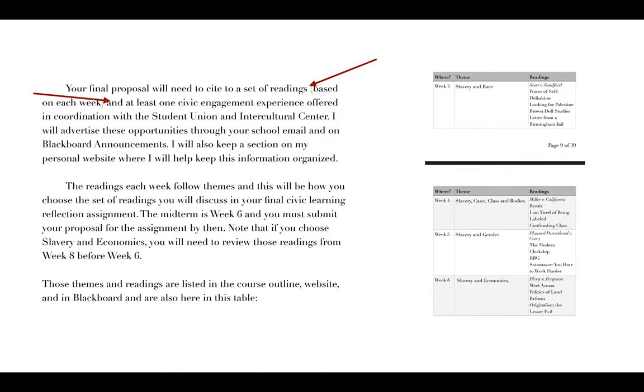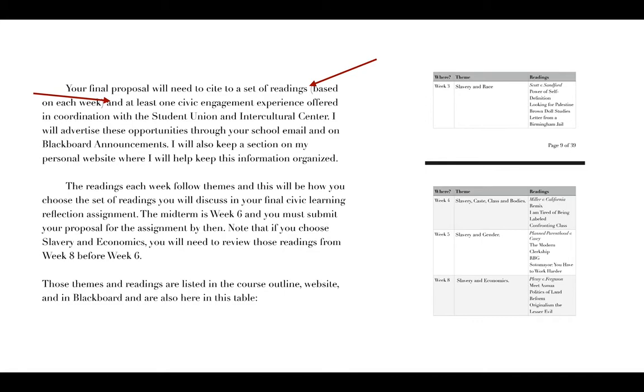Now, the two things that you have to be organizing are a set of readings. So, for example, to the right, one set would be slavery and race, and then you see the readings that are listed there. Maybe you're more interested in sexuality and gender, so you'd pick those readings. Maybe you're more interested in economics and money and business and things like that, and so you'd be focused on those readings.